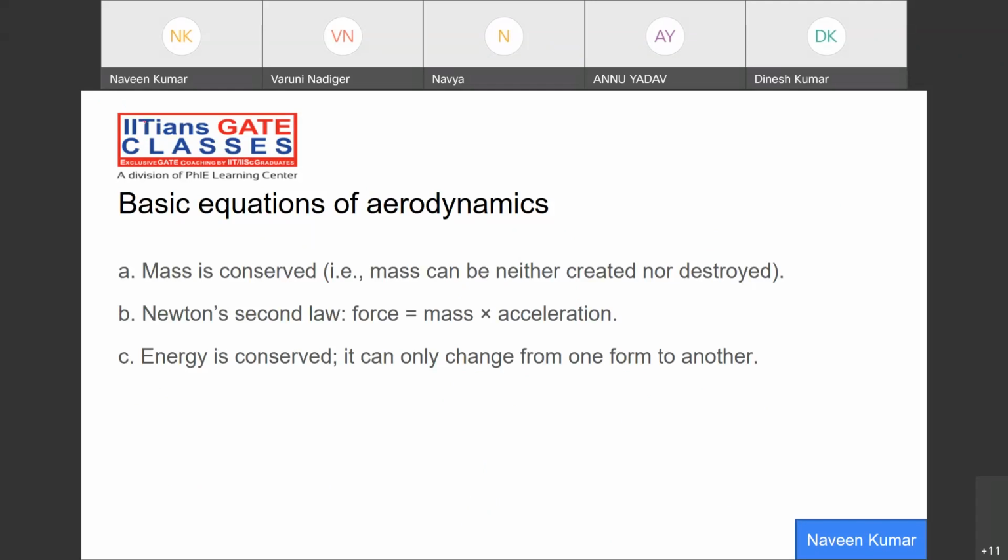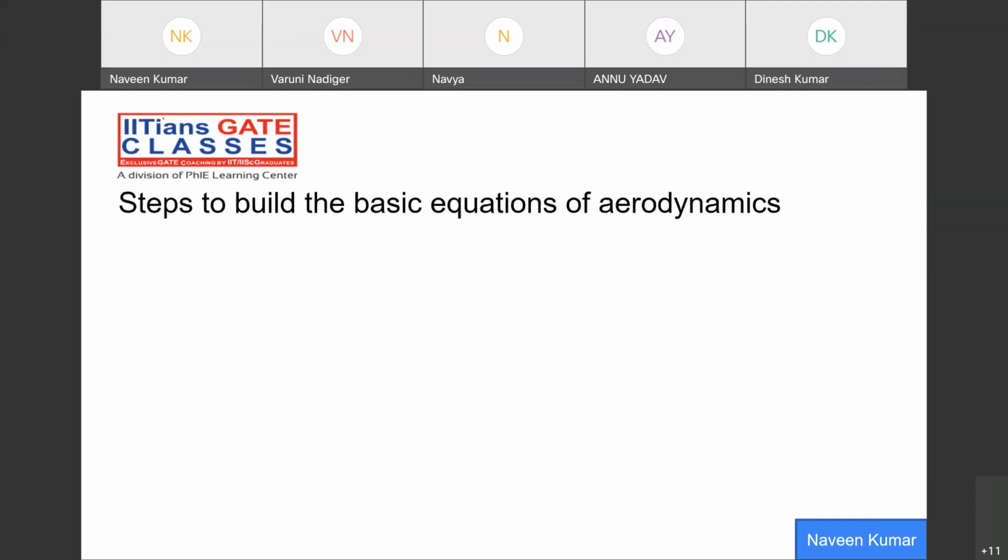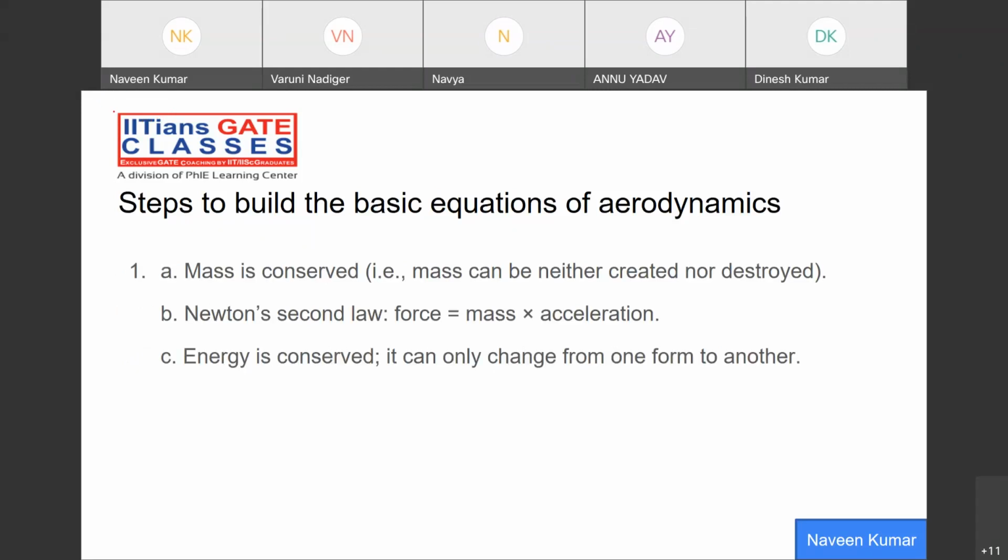Then energy conservation, the third basic fundamental equation. It can only be changed from one form to another form. It cannot be created or destroyed. So there are steps to build the basic fundamental equations of aerodynamics. So these are the equations.